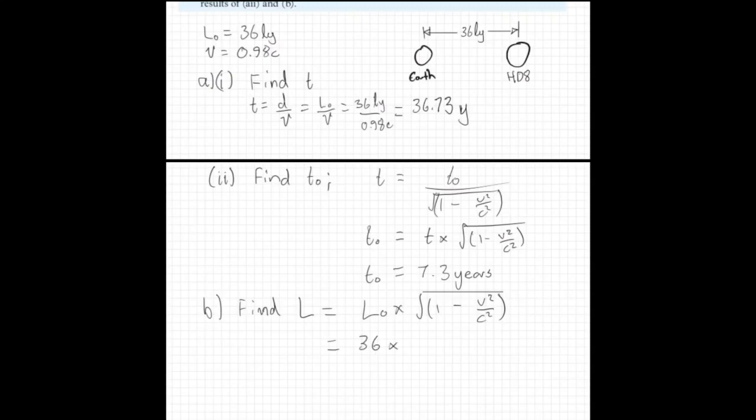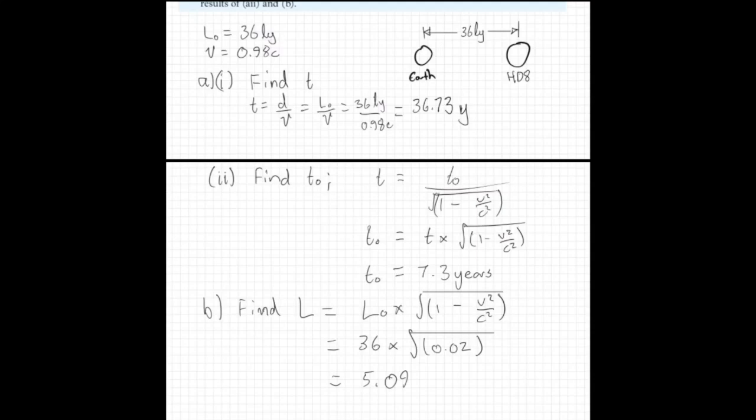36 times one minus v squared, it was 0.9, c squared cancels, you get 0.98, so you end up with 0.02. 36 times the square root of 0.02. 5.09.